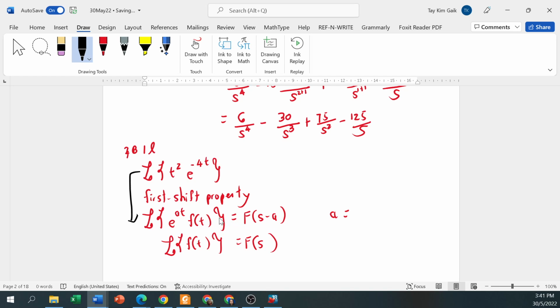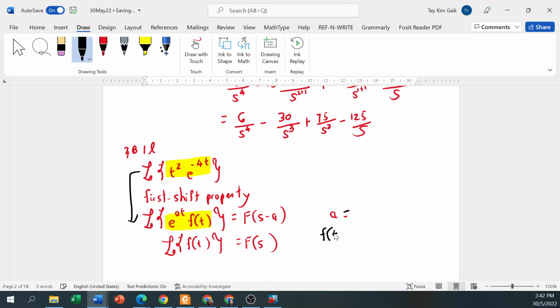Can you tell me what is the a value? You just observe the formula and the question. Compare. What is your a value and what is your f of t?